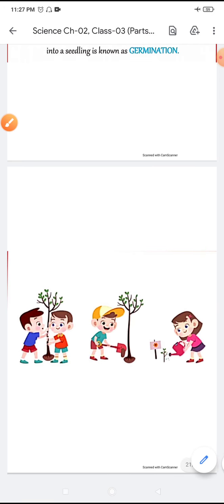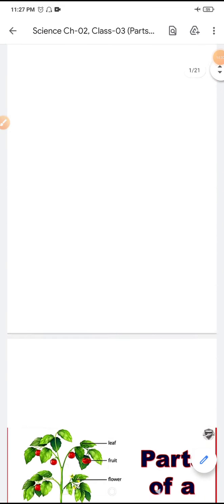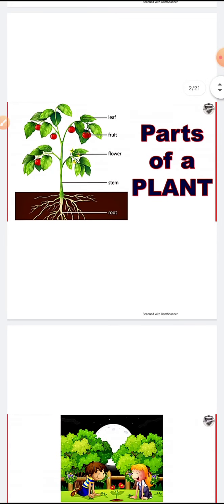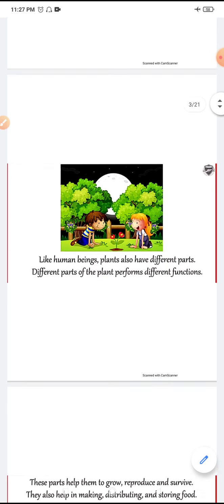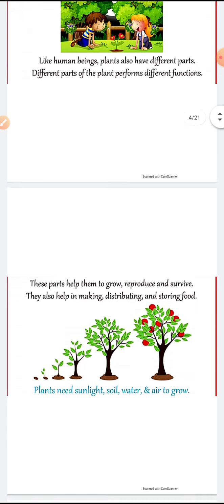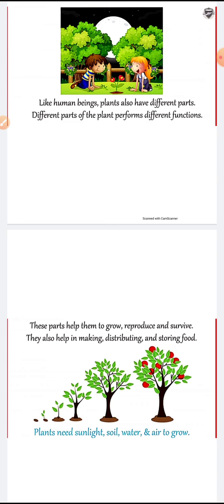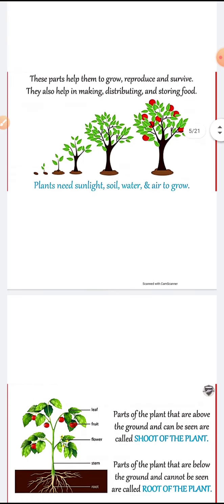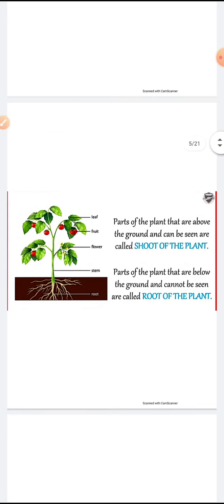So children, what things have we learned in this? First, parts of plant: leaf, fruit, flower, stem, root. After that, plants and trees are also living things like us because they can also grow, reproduce, and breathe.